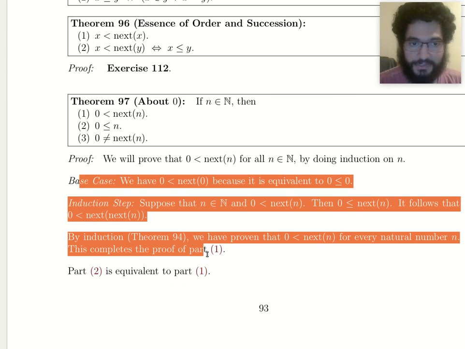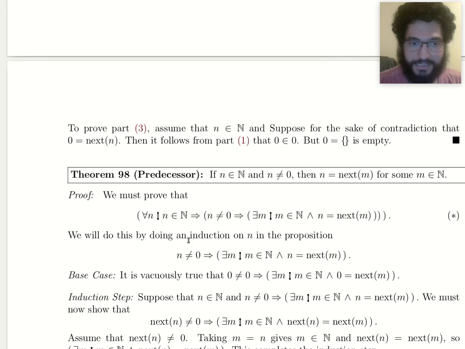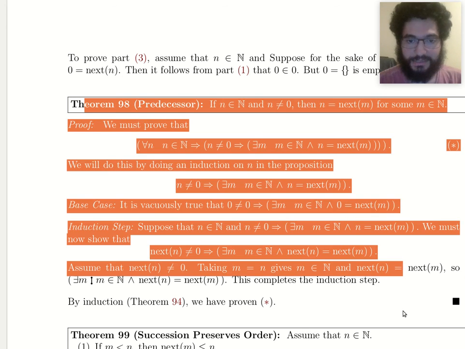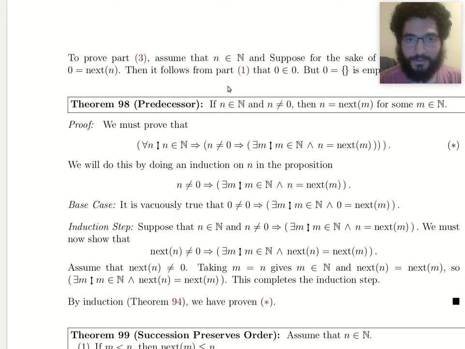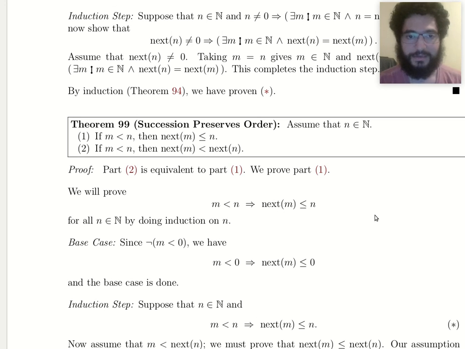The first example where we use induction is here, in the proof of part 1, and then this is the second example. It's just a terrible early example to see because it's very unconventional. So I would say definitely skip this. It just fits here in the logical order of things, but we're actually not going to use it very much. So please skip, and move on to Theorem 99.